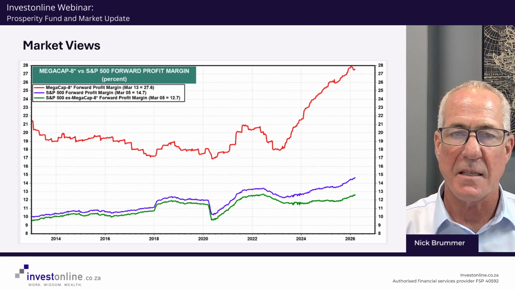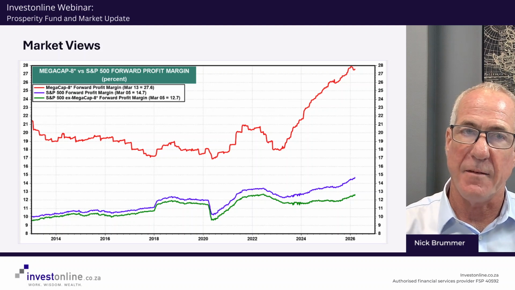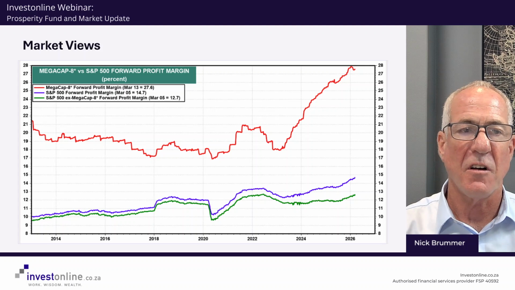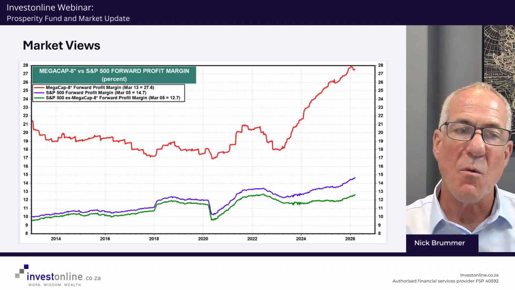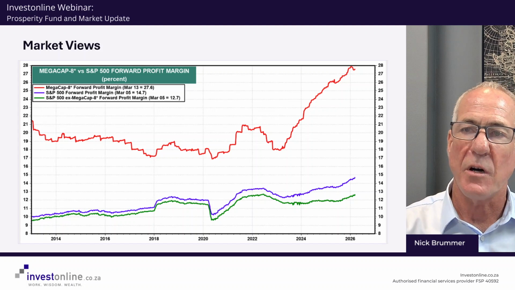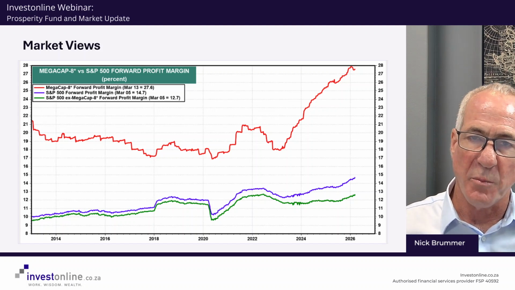Even if you just look at the green line, which excludes the Mega 8, their operating margins are up at about 12.5%. If you rewind further, going back into the 90s, those margins were only 7%. So companies are a lot more profitable.